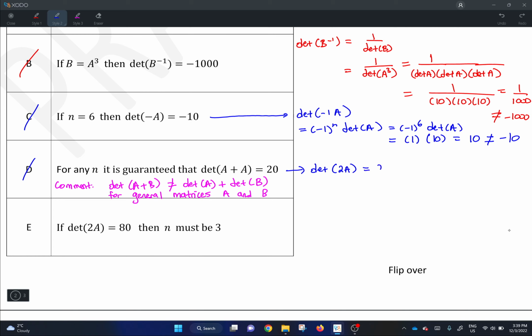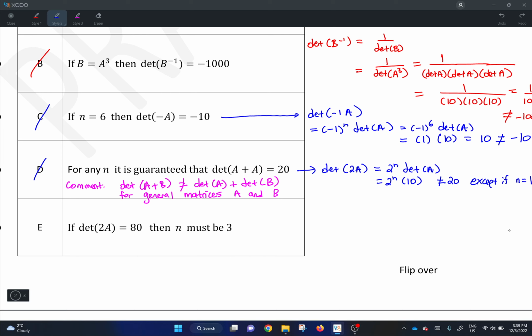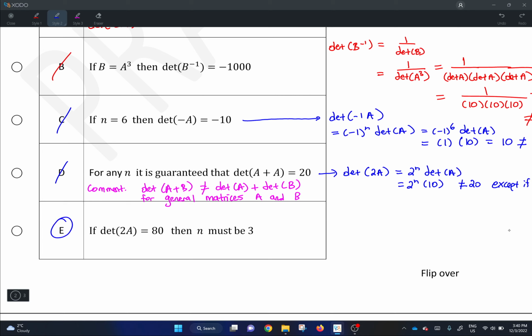Determinant of 2A is 2 to the n times the determinant of A. So 2 to the n times 10 does not equal 20, except if n equals 1. If this is a 1 by 1 matrix, then yeah, that's fine. Determinant of 2A is going to be 2 times the determinant of A. Otherwise, it's not true. So since it says for any n, we can circle E by elimination.